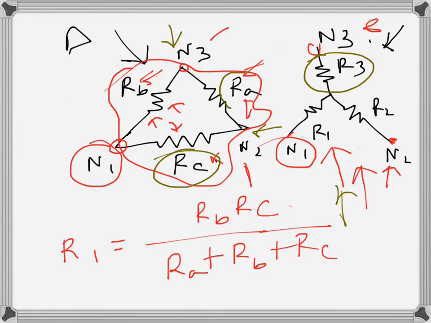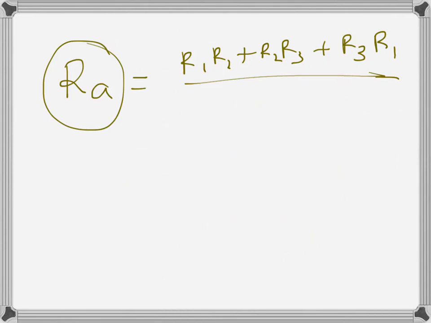So what will happen is we have to look at the equivalent Y connection. N3 and N2 is this one and this one. So the resistance that is connected to the other node, that is R1. So that will have R1 here.